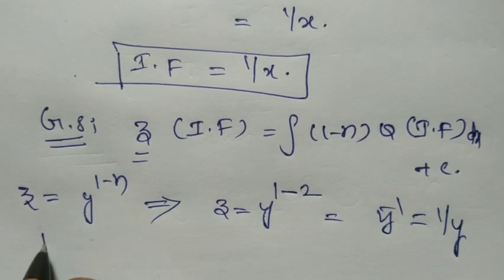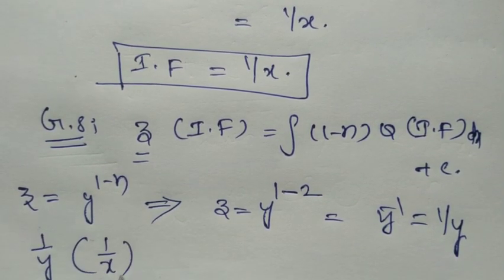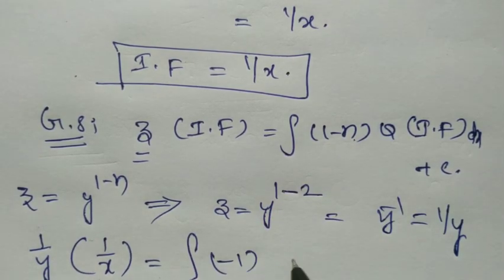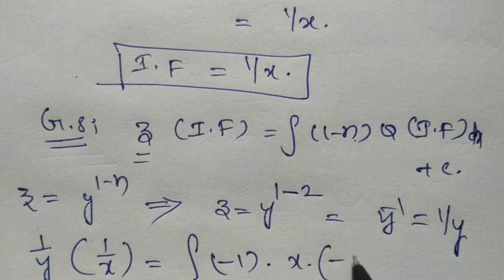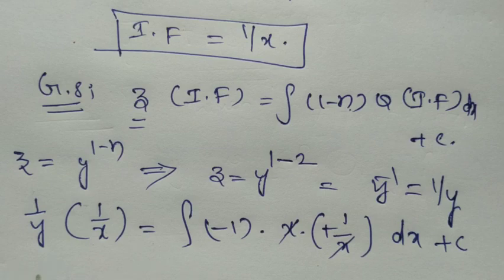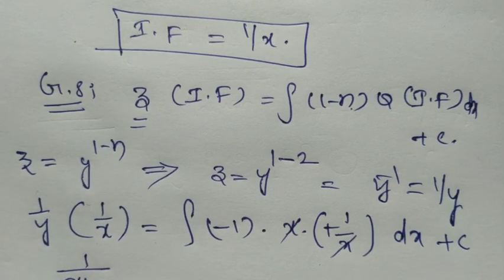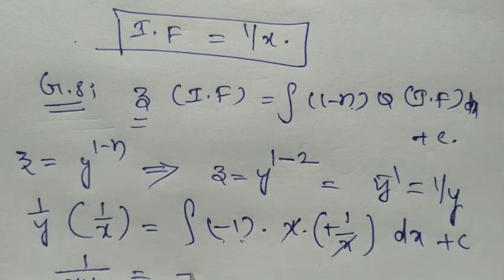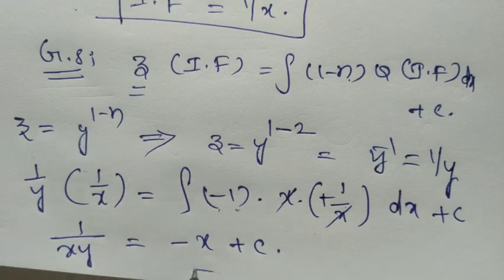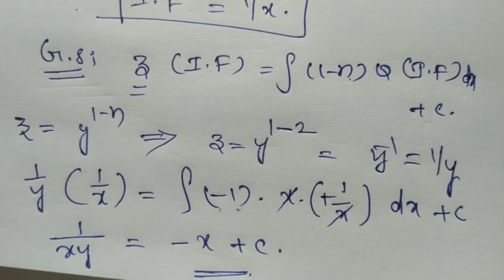So therefore 1 by y into integrating factor 1 by x equal to integration of (1 minus 2), that is minus 1, and q value is x, and integrating factor 1 by x, into dx plus c. So here 1 by x cancels. So 1 by xy equal to integration of minus 1 dx, which is minus x plus c. This is our general solution.